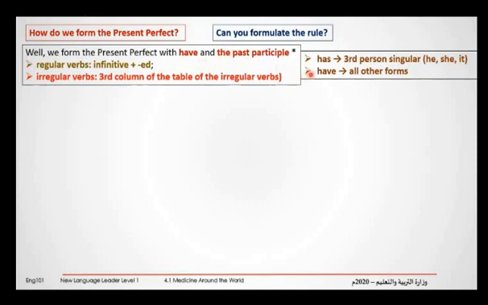If you're talking about the third person singular, he or she or it, you would use has. But for all other forms with I, they, you, we, or any plural nouns, you would say have.